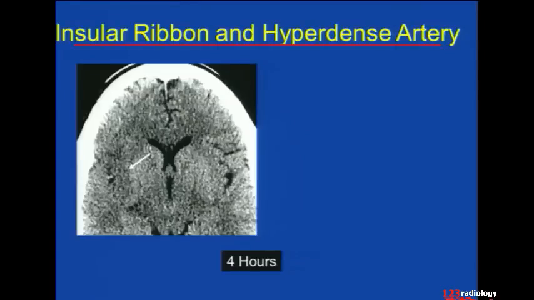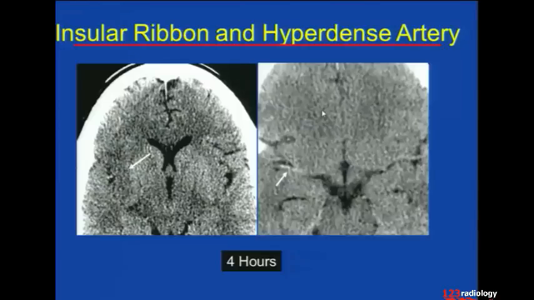So let's look at this case. Here is a patient with loss of the insular ribbon on the right compared to the left side. Here, the patient also had a hyperdense middle cerebral artery on a cut that was more caudad than the initial slice. But if you look carefully, you'll see that there are these two very bright dots. And this has been called the MCA dot sign.